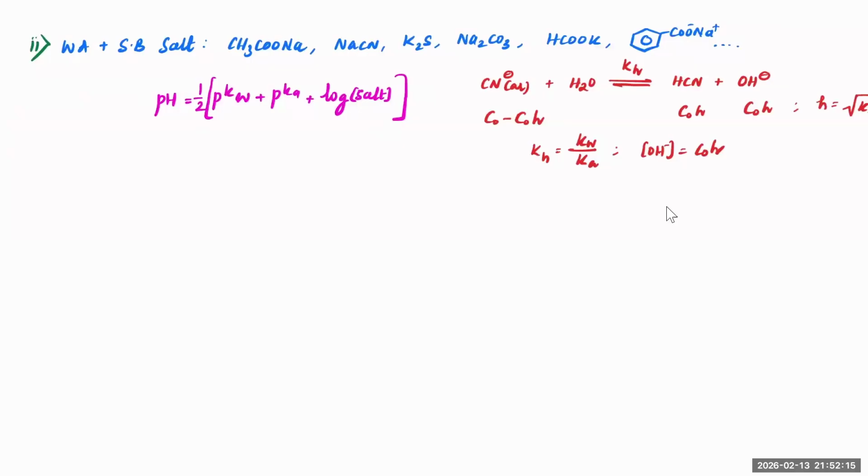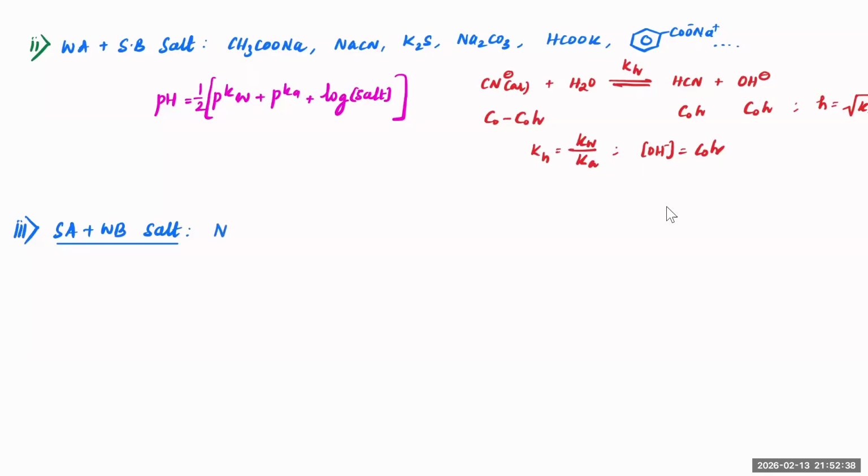Now let's talk about the third case, which is when you have a strong acid and a weak base salt. Strong acid, something like HCl, HBr, HI, that is where we are coming across. Weak base like ammonia.